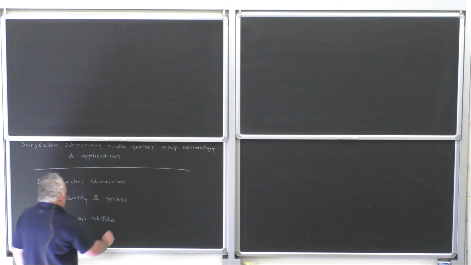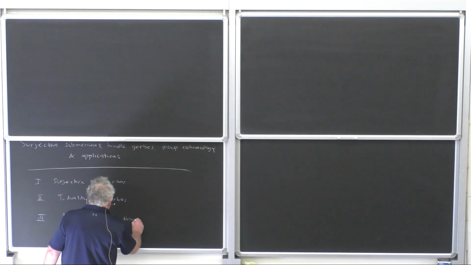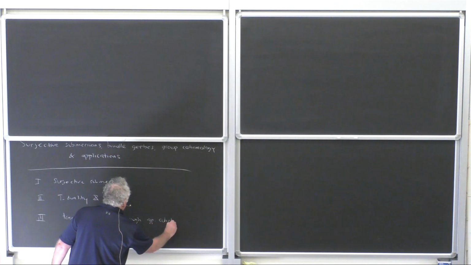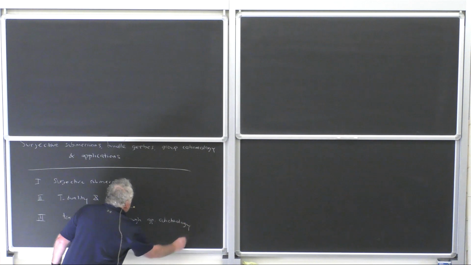Through group cohomology, it turns out that in a particular case for tori, these surjective submersions are closely related to group cohomology. And in fact, it gives you a very convenient way to actually do calculations.